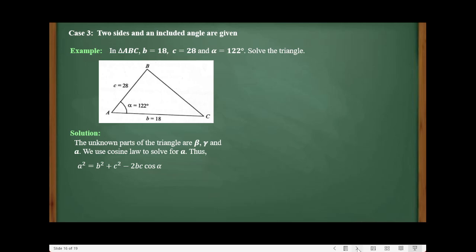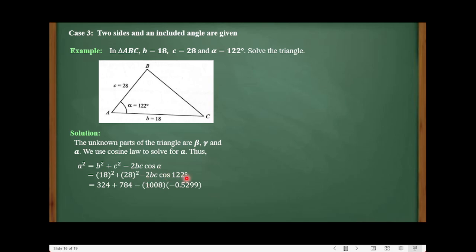Okay? So from this formula, we just plug in the given measures. So that is b squared, which is 18 squared, plus c squared, which is 28 squared, minus 2 times bc, that is 18 times 28, cosine of 122. So, that is 2 times 18 times 28, that is actually what? 1008.